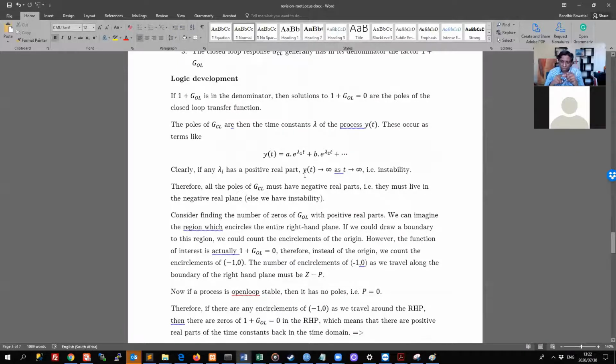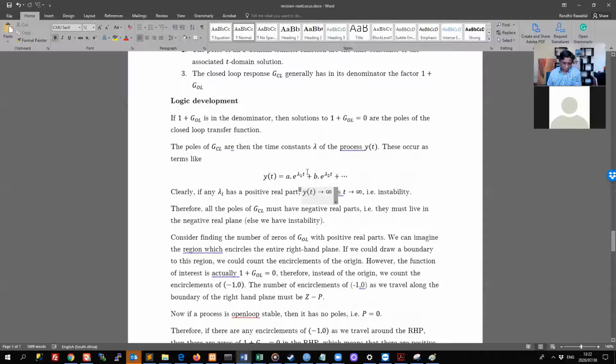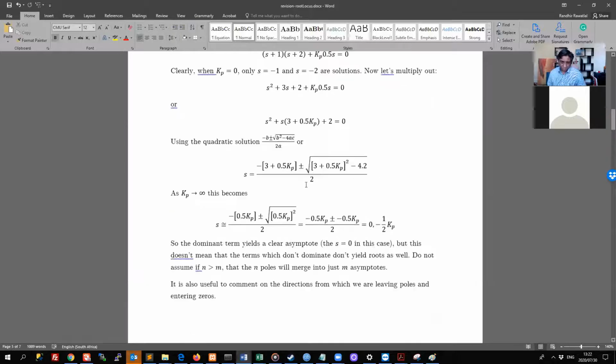So there are a couple of different steps to constructing the logic for understanding that encirclement of -1, 0 by G open loop does imply instability. So we just want to review that logic as well. So that's what we'll be looking at today.